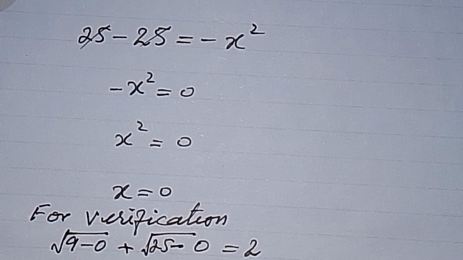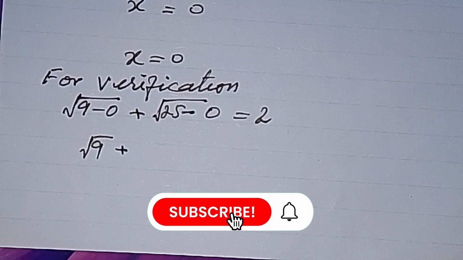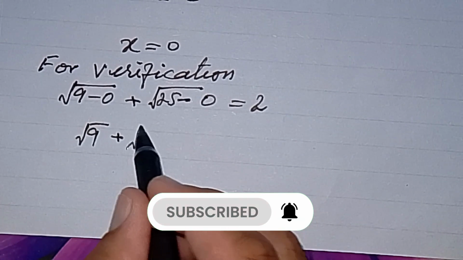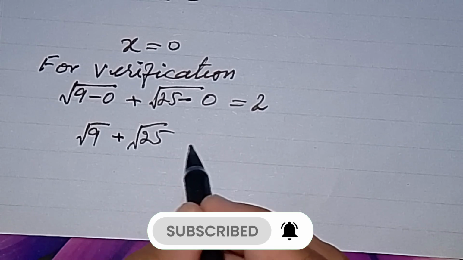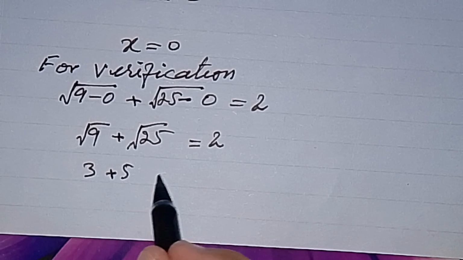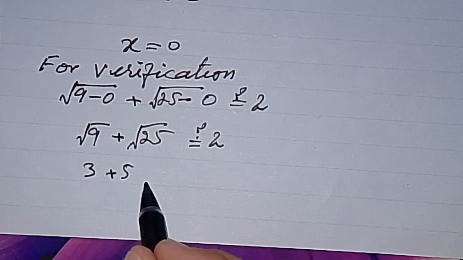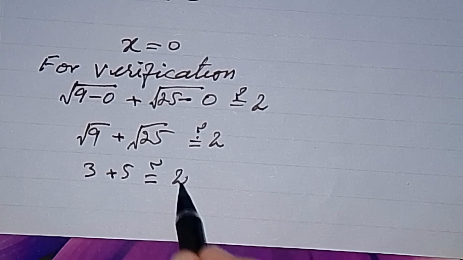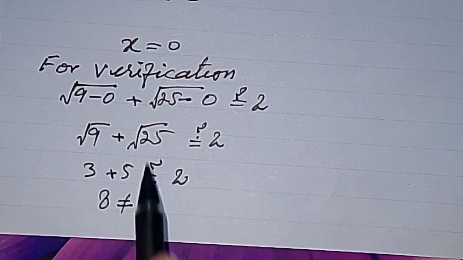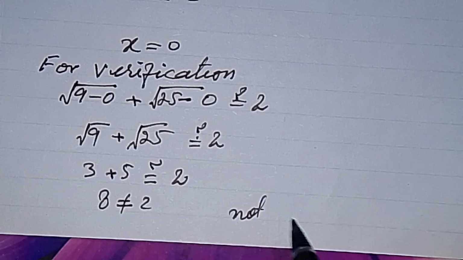Under root 9 plus under root 25 is equal to 2. 3 plus 5, 8 is not equal to 2. Question is not verified.